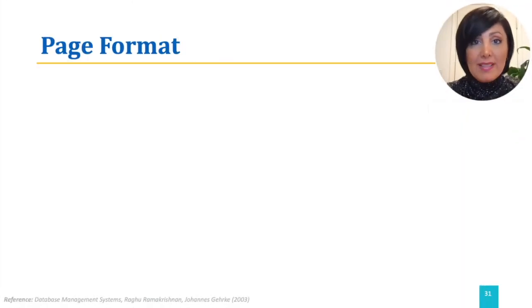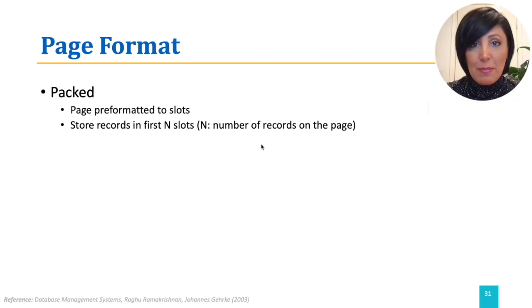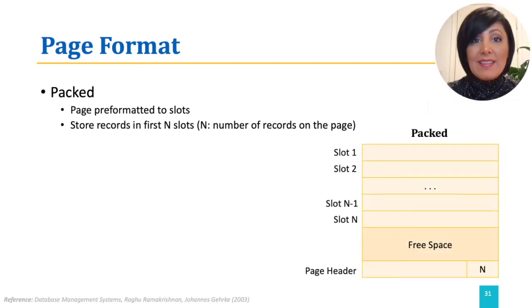In the packed format, a page is pre-formatted to fixed length uniform slots. This could be used for records of the same length. What the packed format does is store records in the first n slots of the page. N is the number of records in the page and is kept on the page.